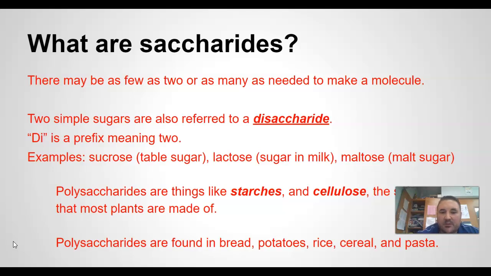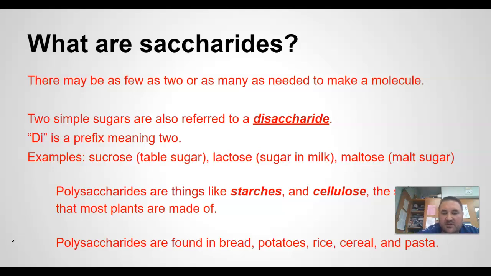Di meaning two, saccharide meaning sugar. Some of these are really interesting. You have table sugar, which we call sucrose. Sugar in milk that some people can't have is called lactose. And then there's maltose, which is malt sugar like you would get in Whoppers and things like that.